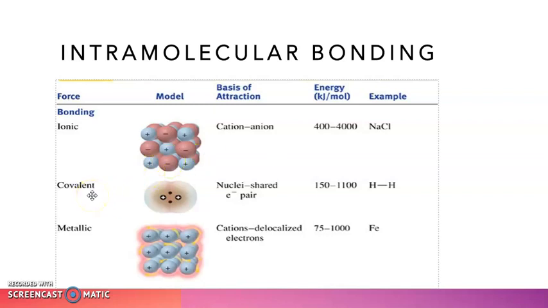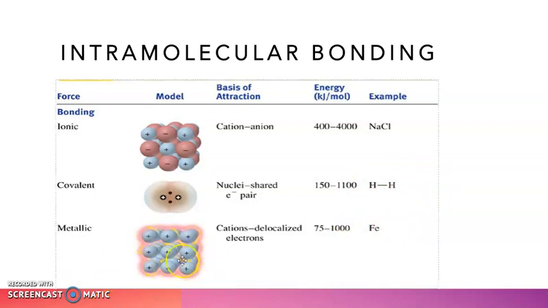A covalent bond is formed when the nuclei share a lone pair of electrons. It is also one of the strong bonds, but less strong as compared to the ionic bond. Its bond energy lies between 150 to 1100 kilojoules per mole. An example is hydrogen gas, H2.